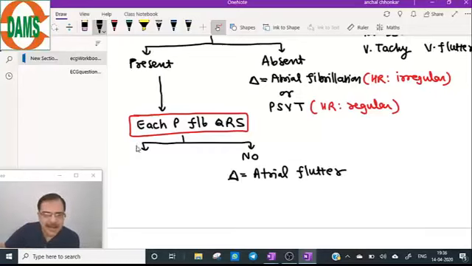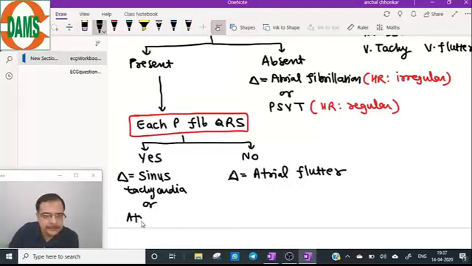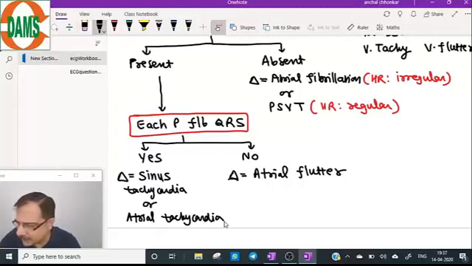While if our answer is yes, each P is followed by QRS, there will be 2 diagnoses: either sinus tachycardia or atrial tachycardia. The differentiation between these two can sometimes be difficult.